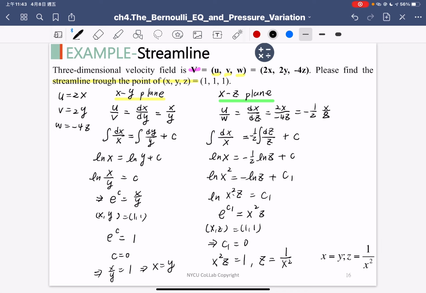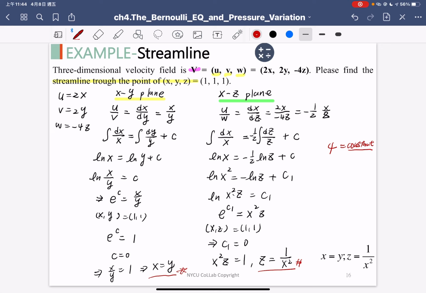Okay, so the idea: first, we should know the velocity field. Once we have the velocity field, we can define the stream function. Then the next step is to know the constant value of the stream function. We always know that the stream function is equal to a constant, but we didn't know how large it is.